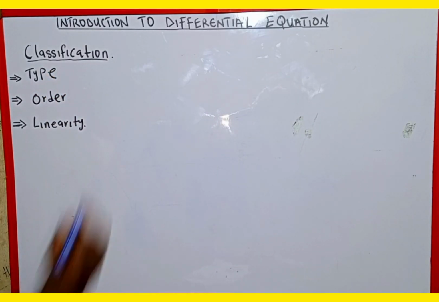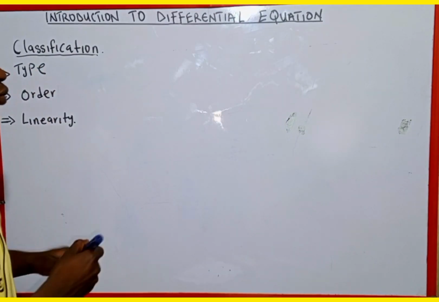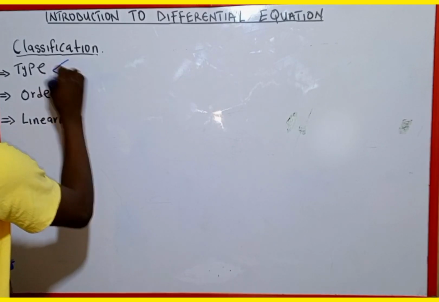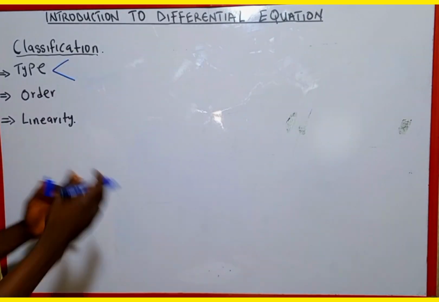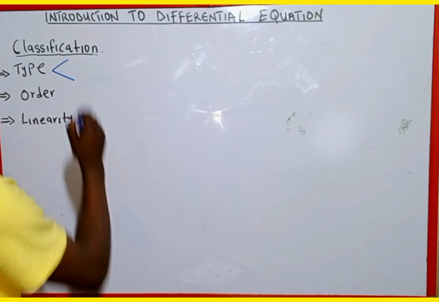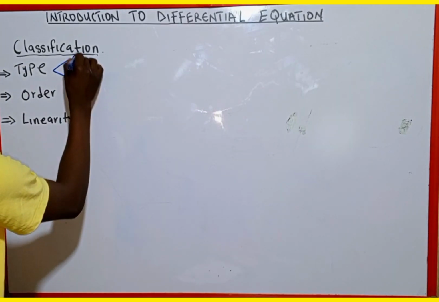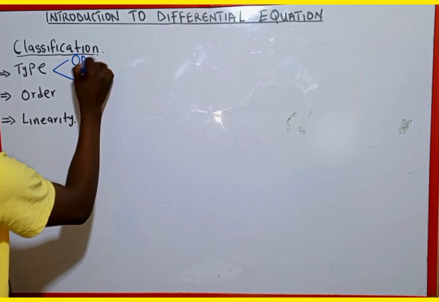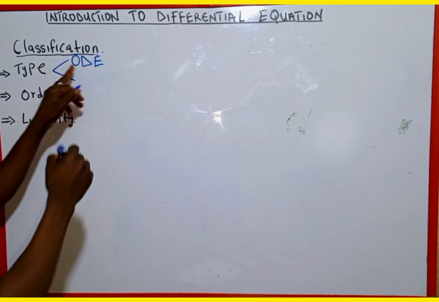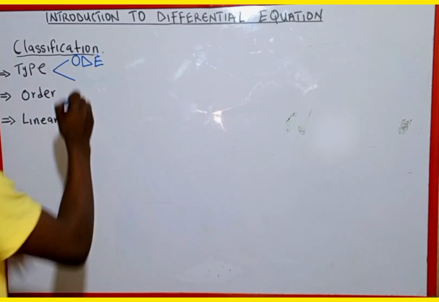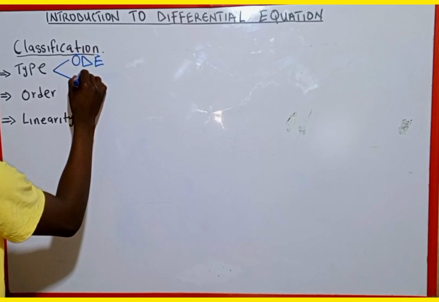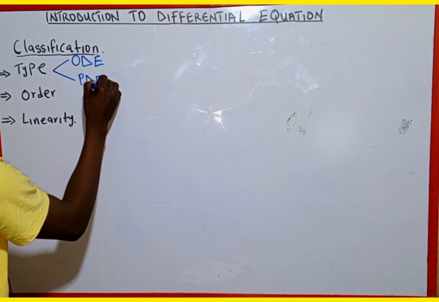Under classification by type, we have ordinary differential equations and partial differential equations. An ordinary differential equation can be written as ODE, and the second one is the partial differential equation.